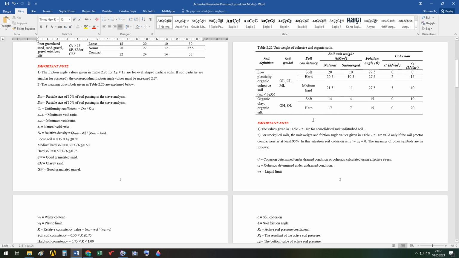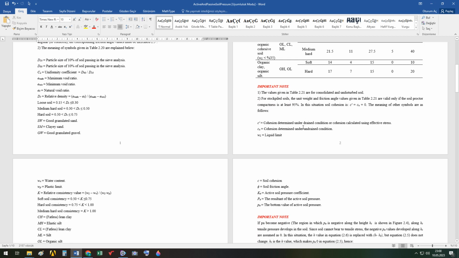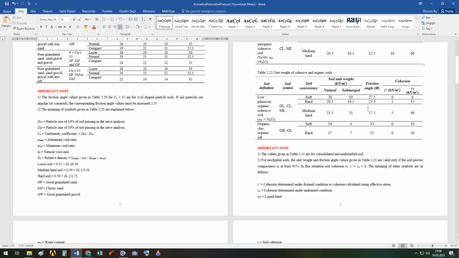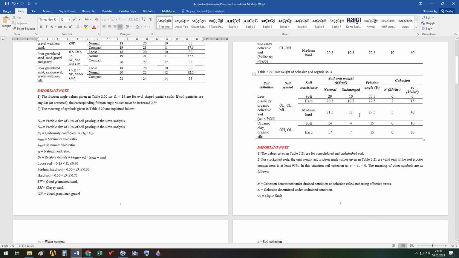And there are also some explanations regarding this table. This soil is not used in civil engineering applications as fill material, but it can exist behind a retaining wall, and this soil type shall be held by a retaining wall. So their properties are required sometimes, and that's why their properties are tabulated.